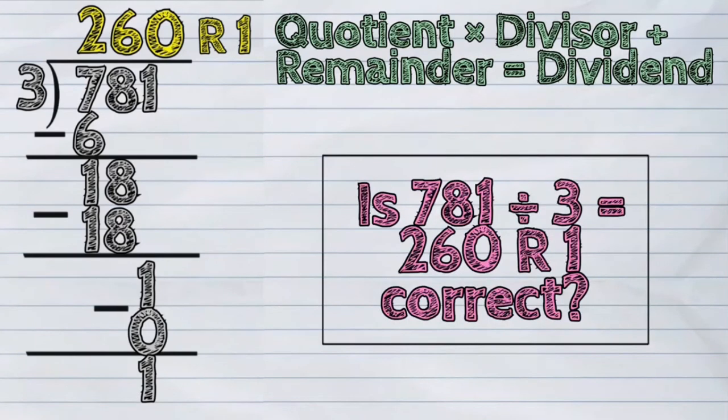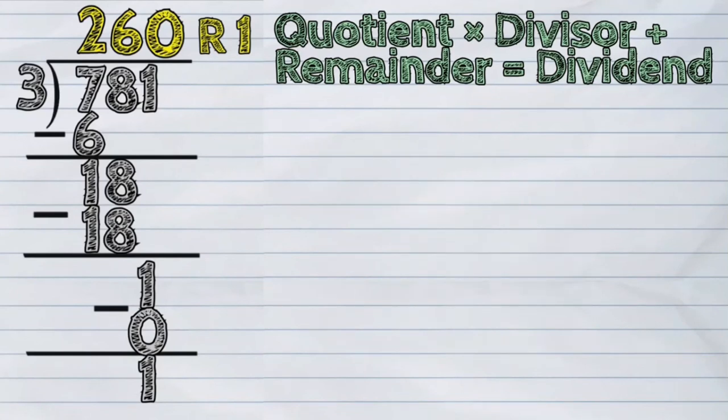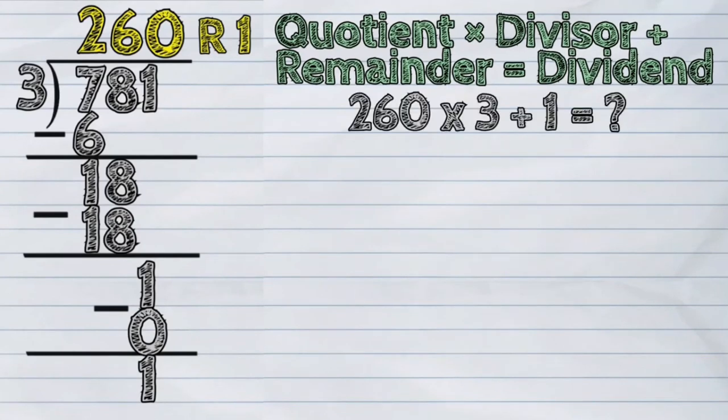Is 781 divided by 3 equals 260 remainder 1 correct? Let's apply the formula. 260 times 3 plus 1.